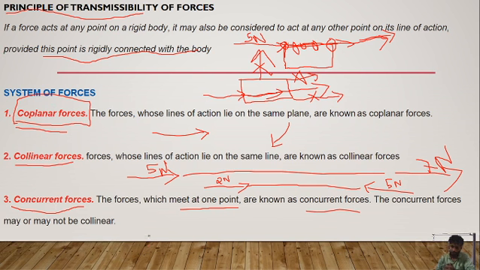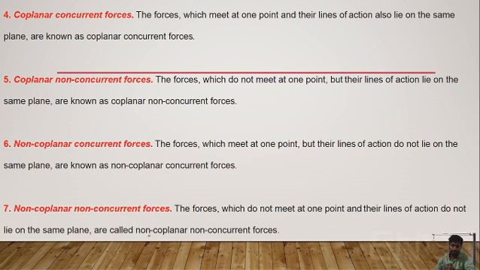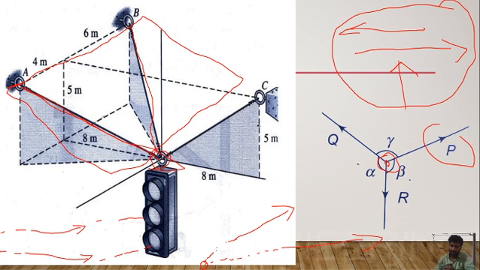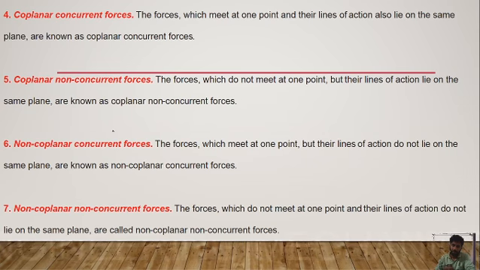The next thing we are discussing, in connection with the things we have, is coplanar and concurrent forces. So this is the example. All three forces are in the same plane and all three forces are originating at the same point. It's called coplanar concurrent forces. Second thing, coplanar non-concurrent forces.